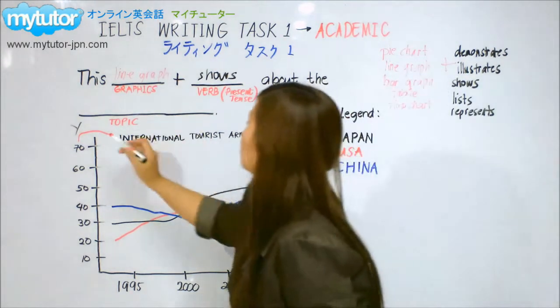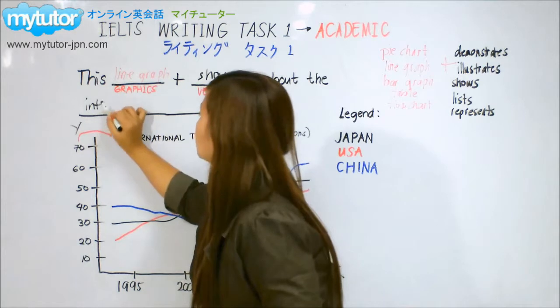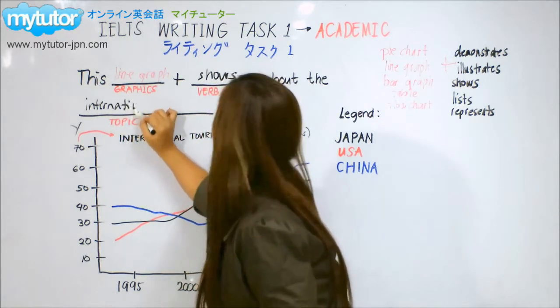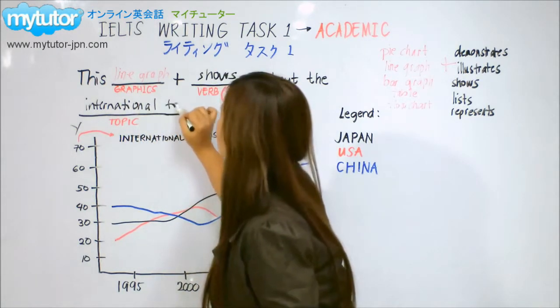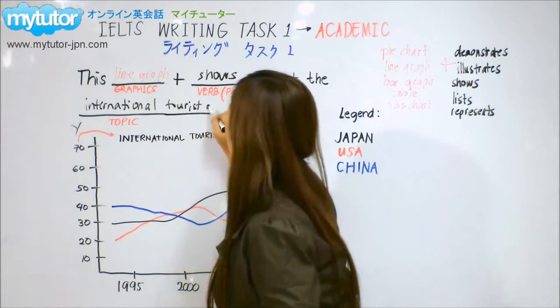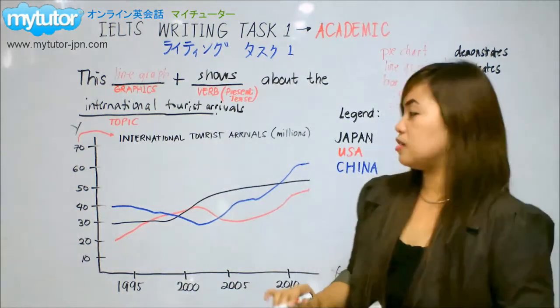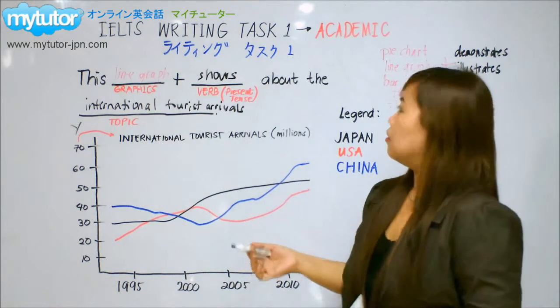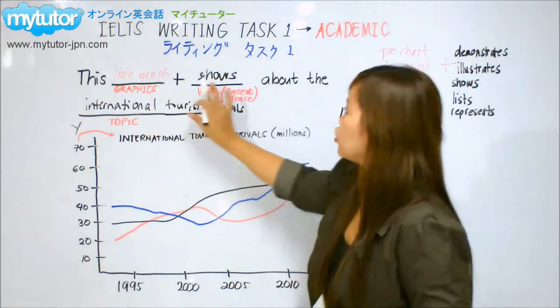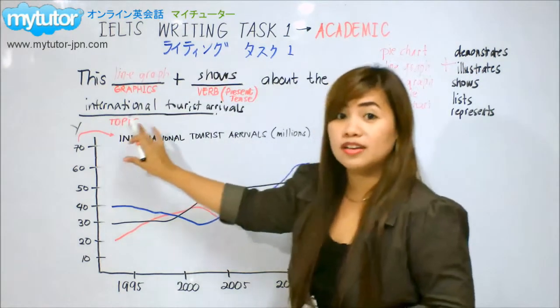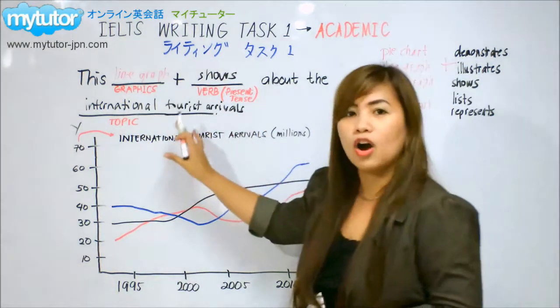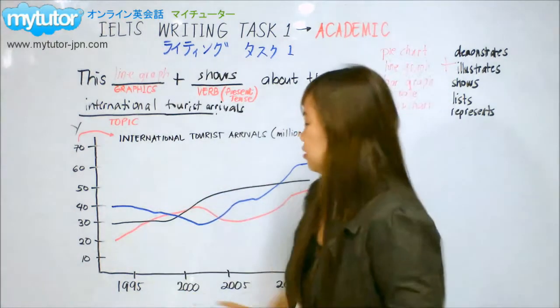So we can put it here: international tourist arrivals. In this case, it varies depending on which one you get. Say, for instance, this line graph shows about the sales of cars in a particular year.